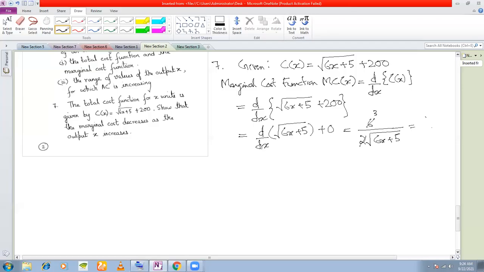You get 3 by root 6x plus 5. This is the marginal cost function.